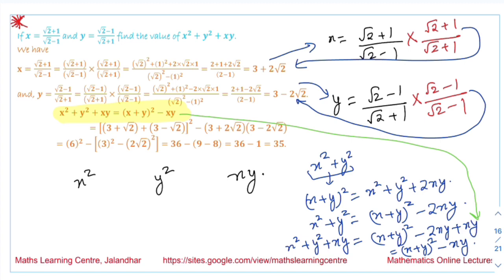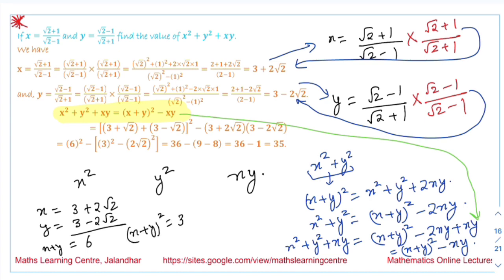So now the value of x plus y: x is 3 plus 2 root 2, y is 3 minus 2 root 2. So the value of x plus y is 6, so (x plus y) square is 36. Second, we have to calculate x into y.